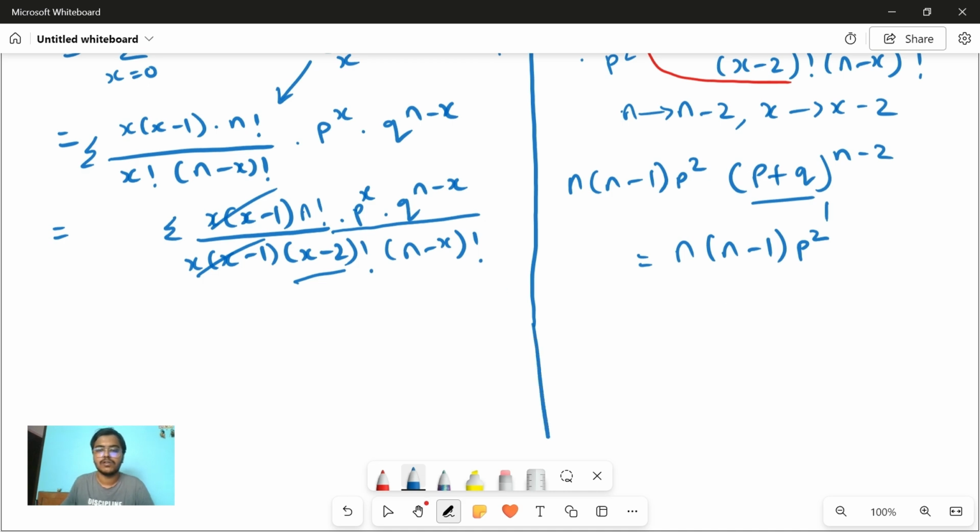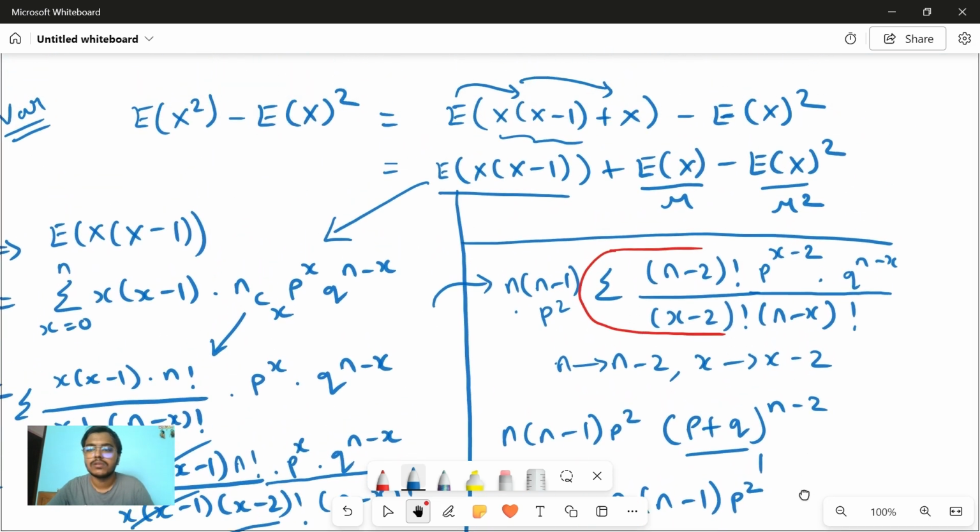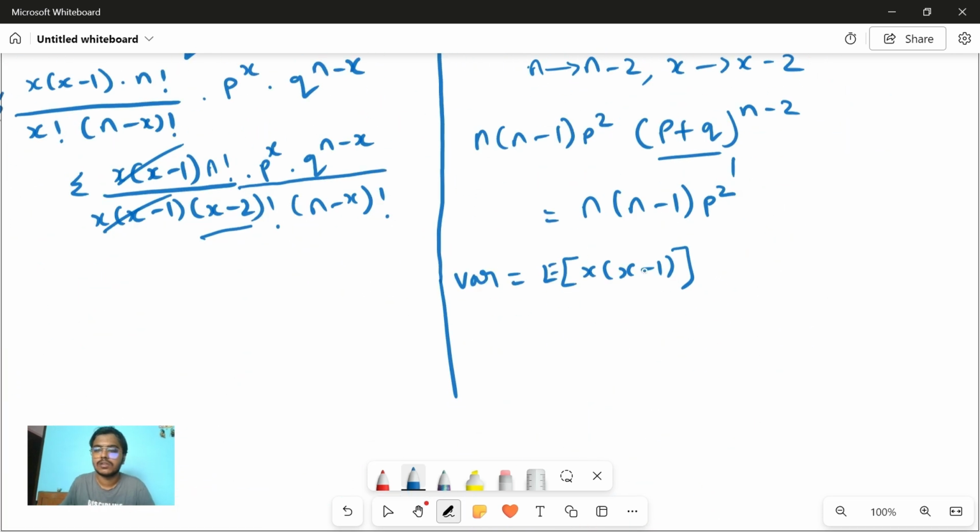Now the variance is equal to E of x into x minus 1, plus E of x, minus E of x the whole square. Understood?